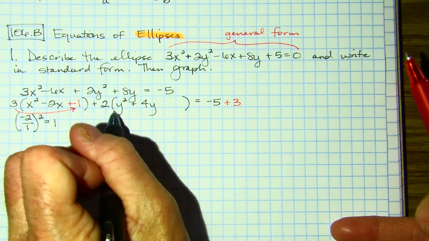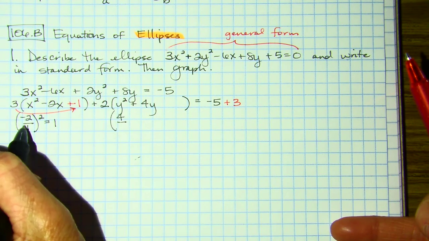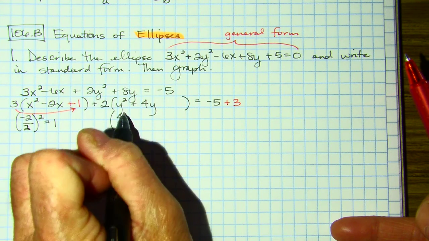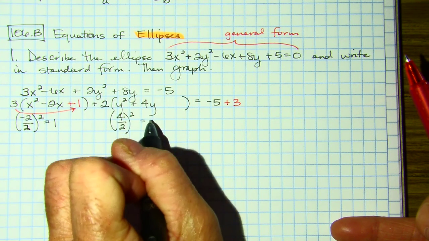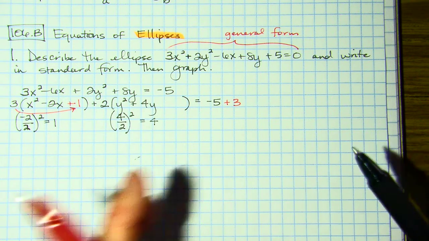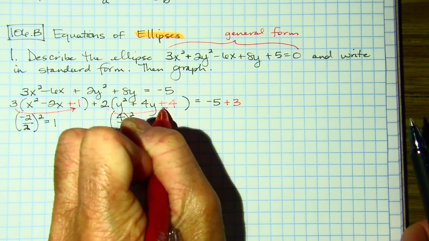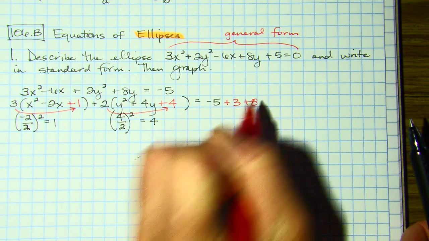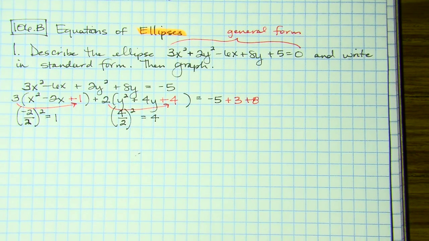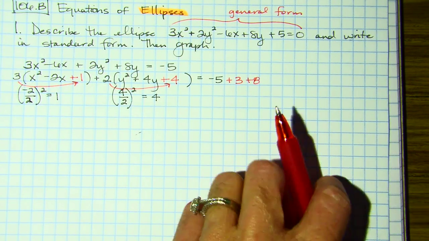For the next one, we're completing the square. 4 divided by 2 squared, which is 4, right? 4 divided by 2 is 2. 2 squared is 4. I'm going to add 4 here, but 2 times 4 means I'm going to add 8 here. So now I'm going to write this because I'm going to factor.